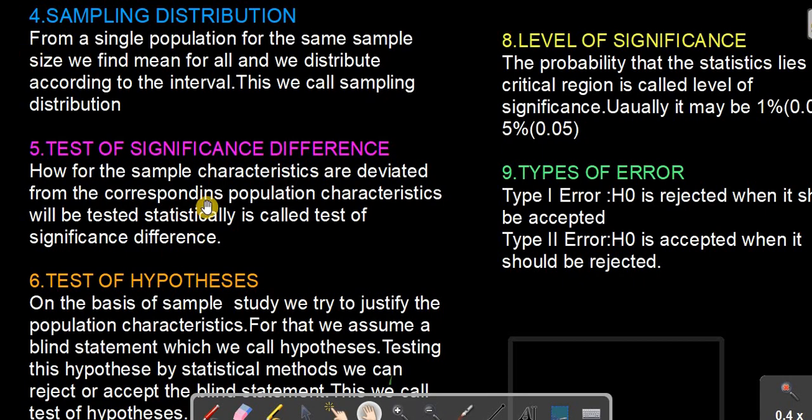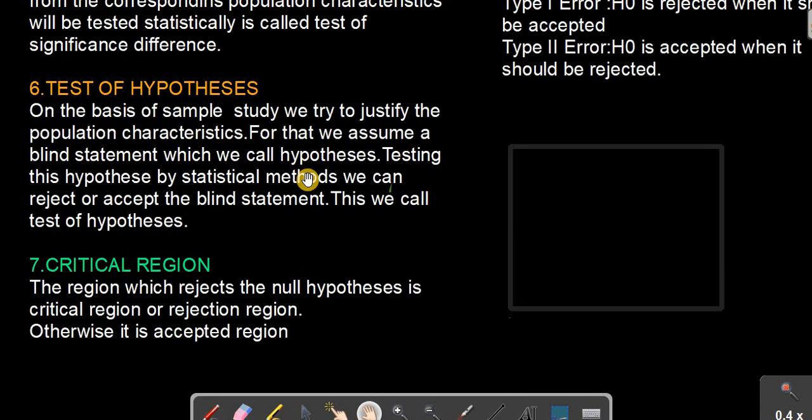Take for example the difference between the means of two samples, or the standard deviations of two samples, and we can say whether there is a significant difference or not. How far the sample statistics deviate from the corresponding population characteristic, that we call the test of significance.